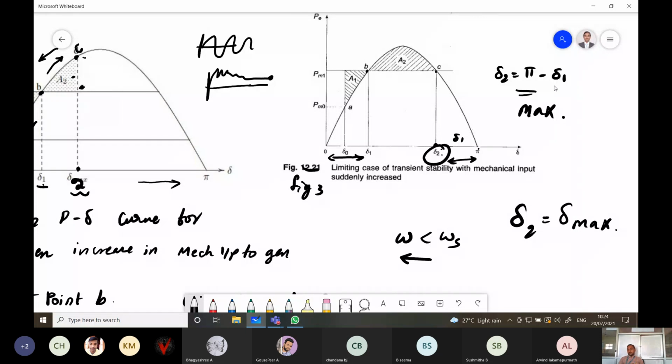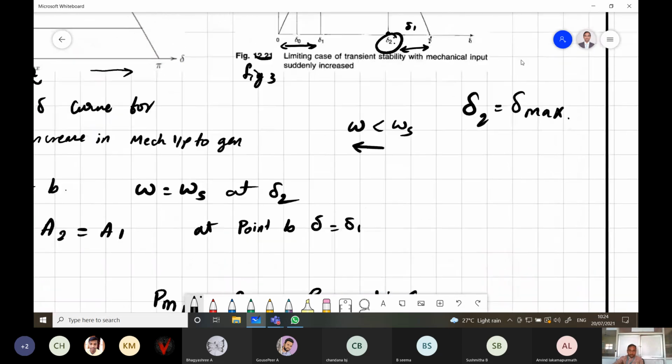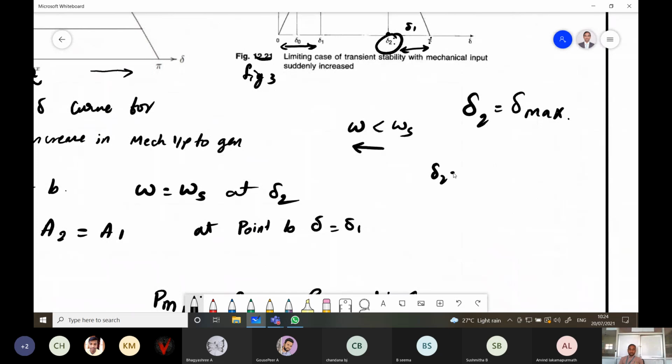We can write delta 2 equal to delta max, which is equal to pi minus delta 1, that is equal to pi minus sine inverse of Pm1 by Pmax, because we have Pm1 equal to Pmax sine delta.